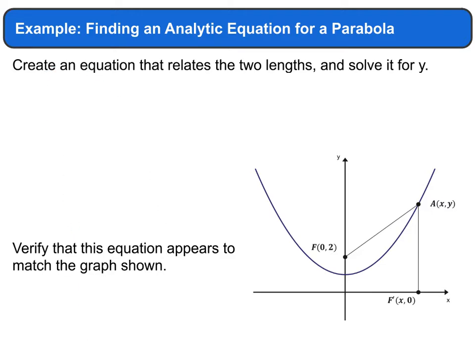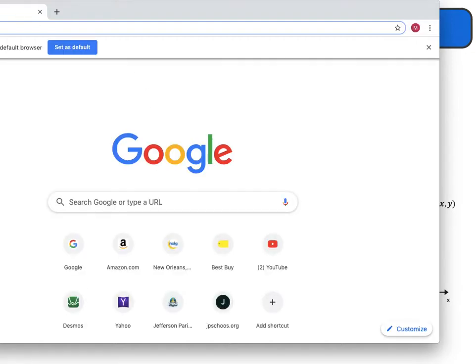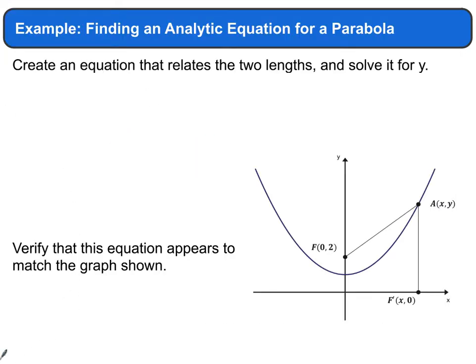We said that AF is equal to the square root of x minus 0 squared plus y minus 2 squared. Remember, that's this distance right here that we're calculating. These are our points, x and y and 0 and 2.